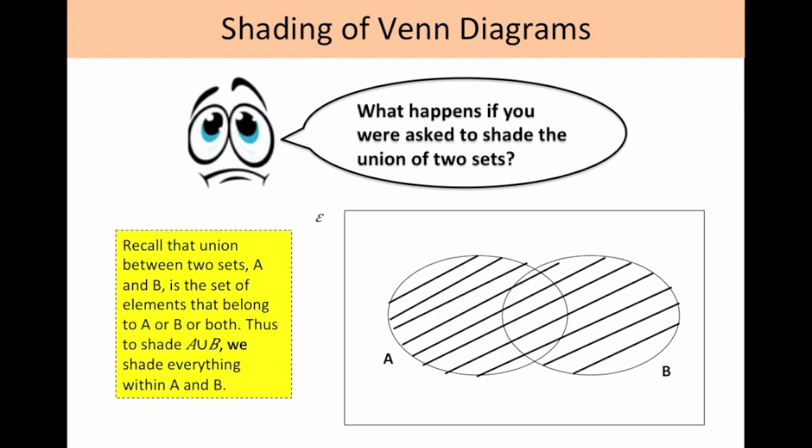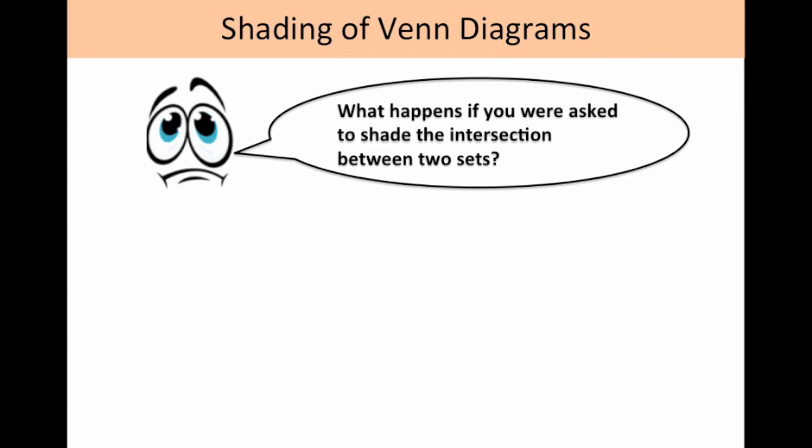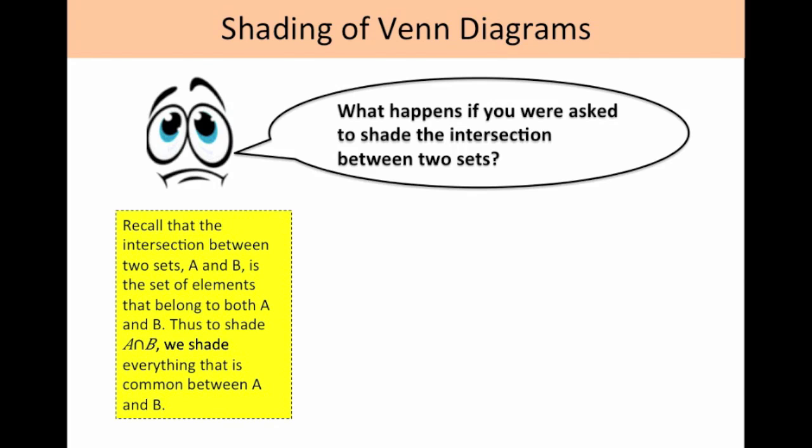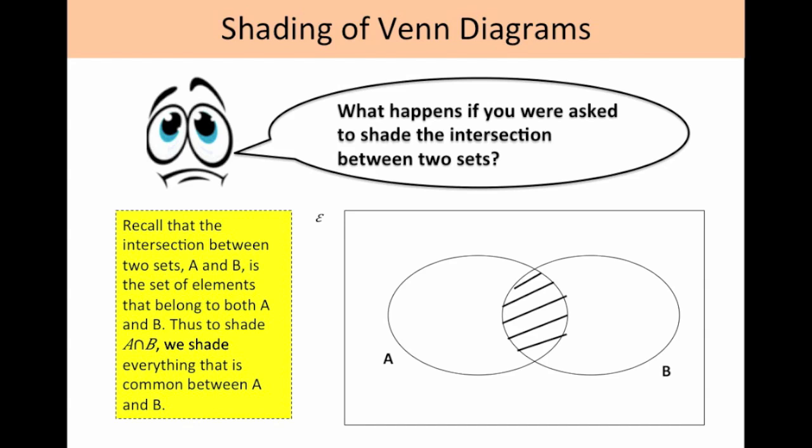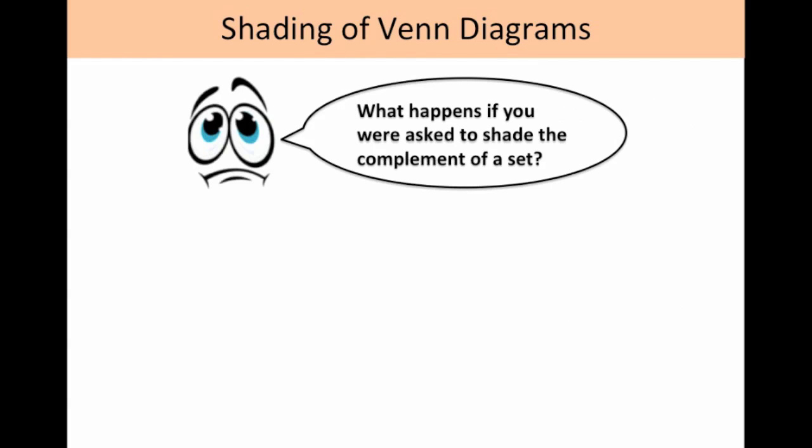Secondly, let us take a look at how we shade the intersection between two sets. Recall that A intersect B is a set of elements belonging to both set A and B. In other words, they are the common elements between A and B. Thus, we shade the region that is common between set A and B, or in other words, the region where set A and B overlap.